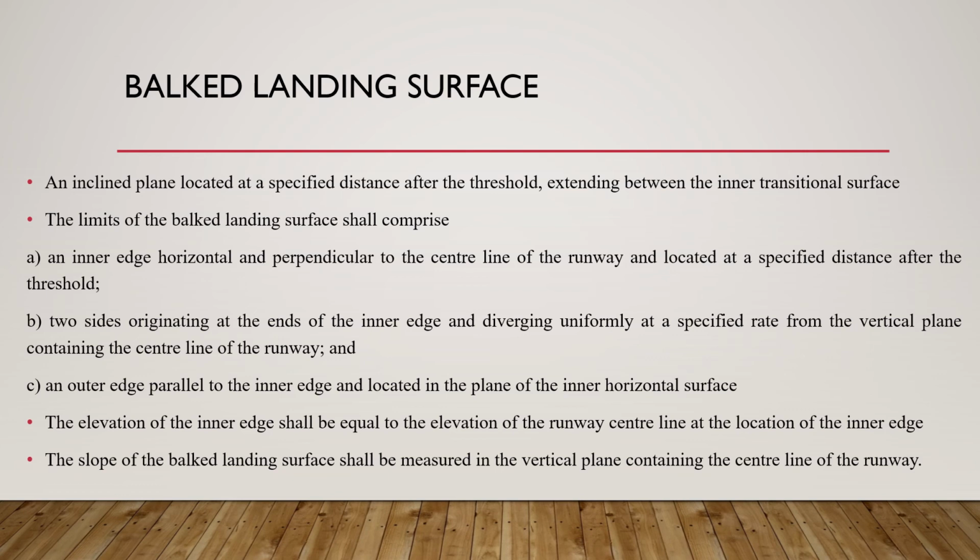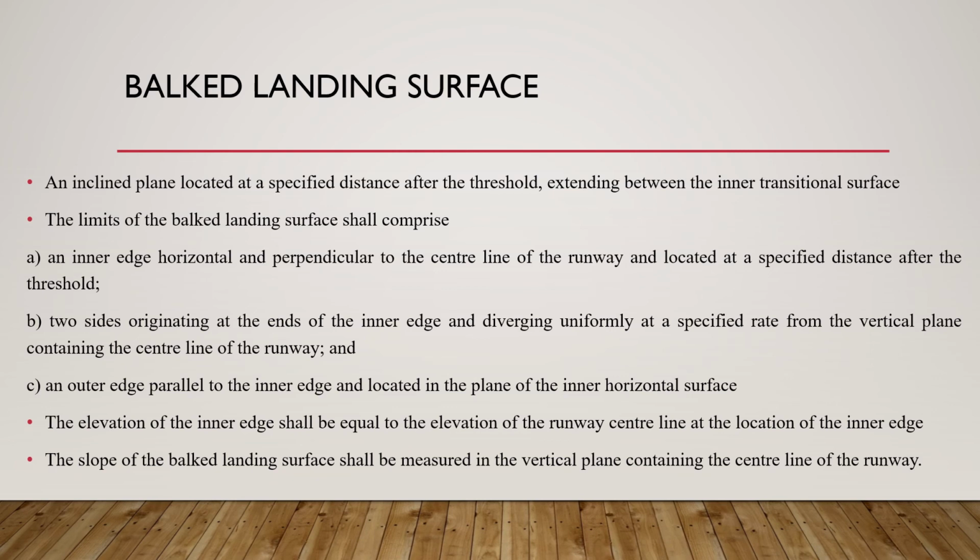So in case the landing attempt is rejected at this point, this is called a balked landing. So a balked landing surface is an inclined plane which is located at a specified distance after the threshold extending between the inner transitional surfaces. So this surface is not preceding the runway, but it is on the runway.